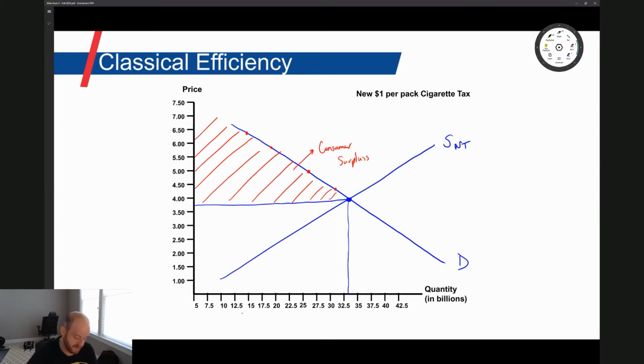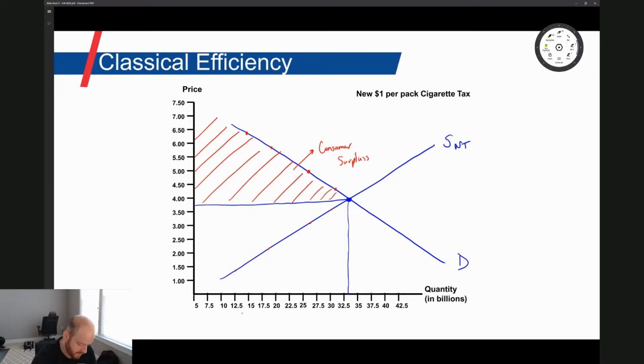On the other side of things, we have producers on the supply line that are at this point, or this point, or this point. These producers would be willing to produce cigarettes at a much lower price, but due to the equilibrium price, they're actually making more money than they would have preferred to make.